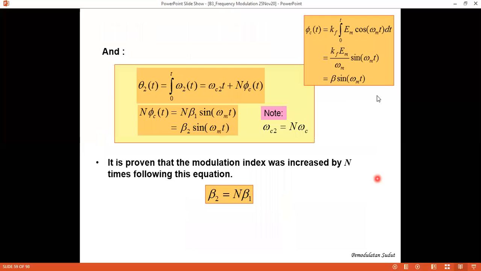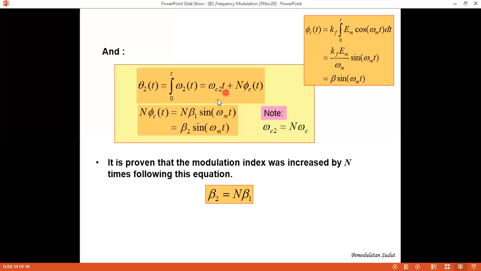So next, in this slide, we want to show how the modulation index is multiplied by n. Okay, so our angle theta 2(t) is equal to the integration of our instantaneous frequency omega 2(t), which is equal to omega C2 t plus n phi C(t). This is from the previous slide.